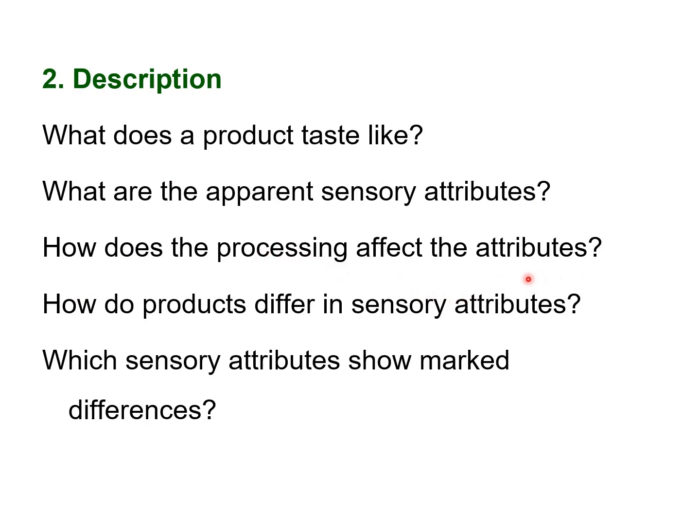If there is a defined attribute that needs to be in the product, but some step in the processing reduces that attribute. Also, how do products differ in sensory attributes, and which sensory attributes show marked differences? These are very important in descriptive tests.